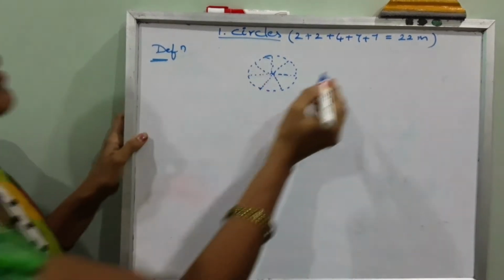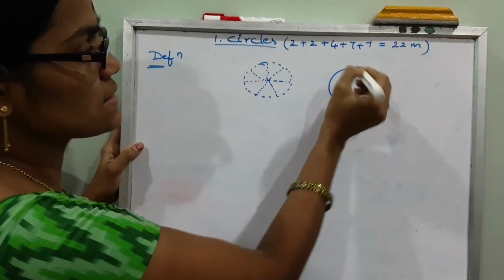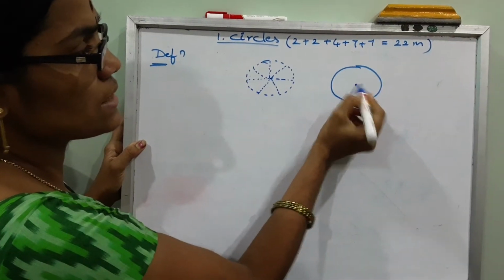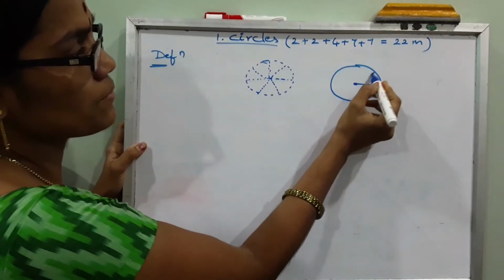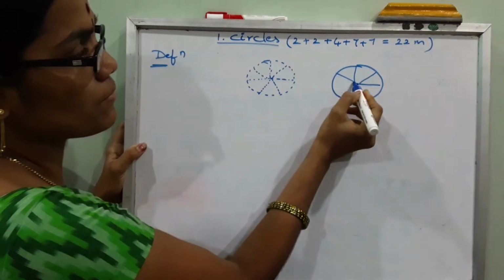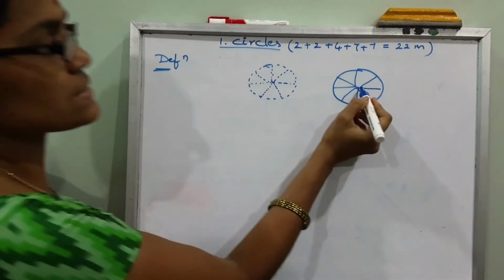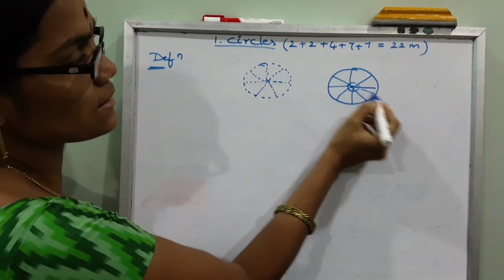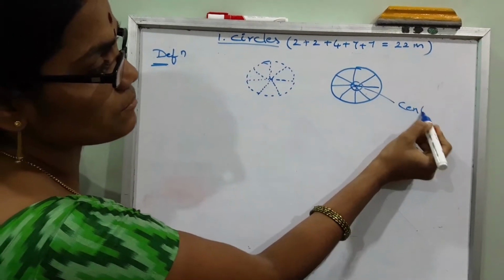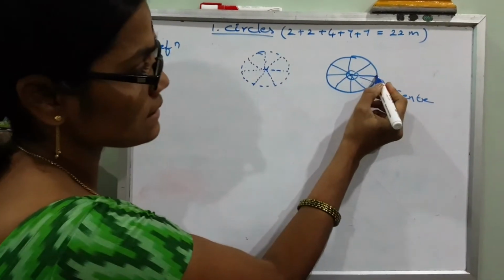Here the fixed point is called the center of the circle.